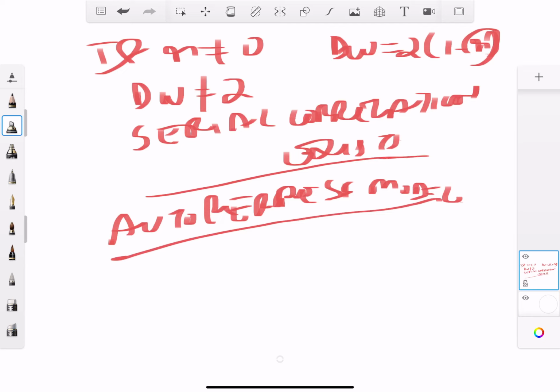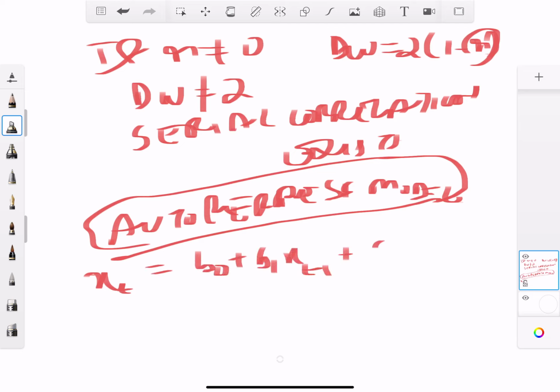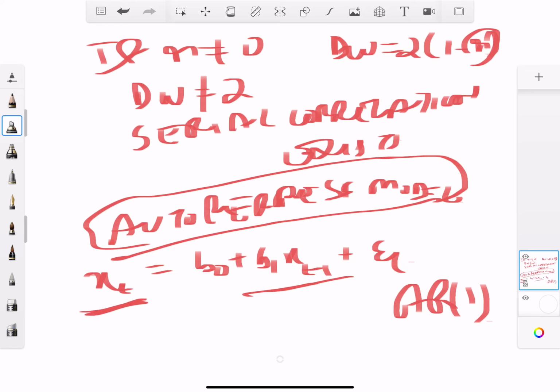Our autoregressive model is going to be based on the common ones that we talked about. If you have, let's say, this is going to be the autoregressive model. This is the so-called AR1 model. So we have an AR1 model.